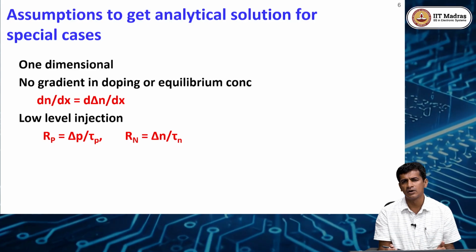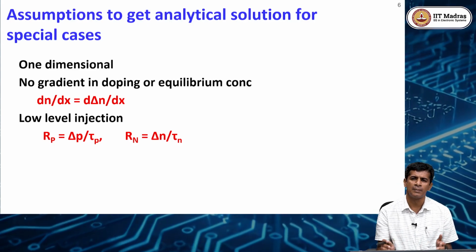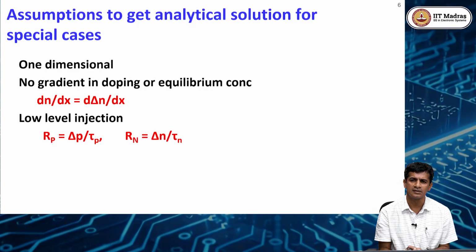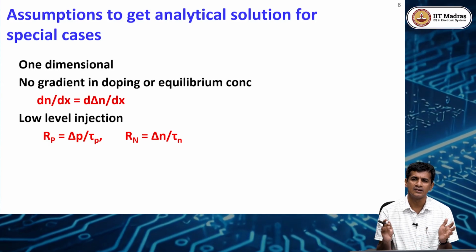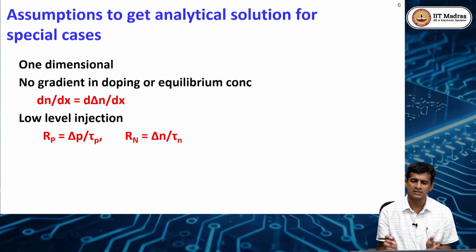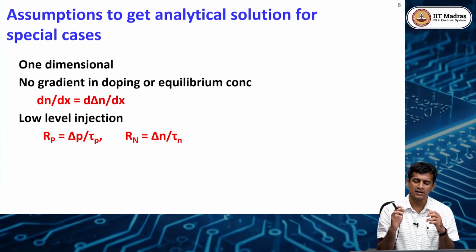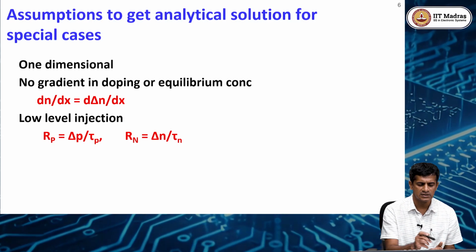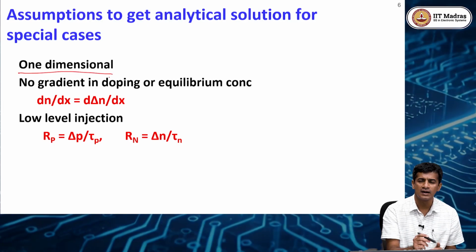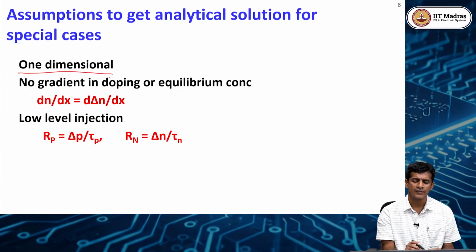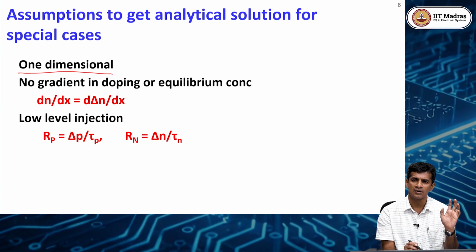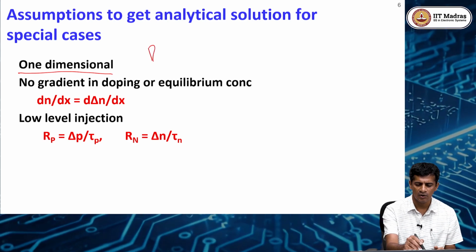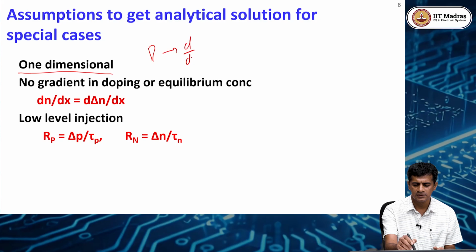Now, as I mentioned, these are coupled differential equations, and depending on the boundary conditions and whether it is a one-dimensional or two-dimensional system, it could become very complex. So first, we are going to do it for a one-dimensional semiconductor, so you don't need to worry about the divergence; you can convert everything into d by dx.